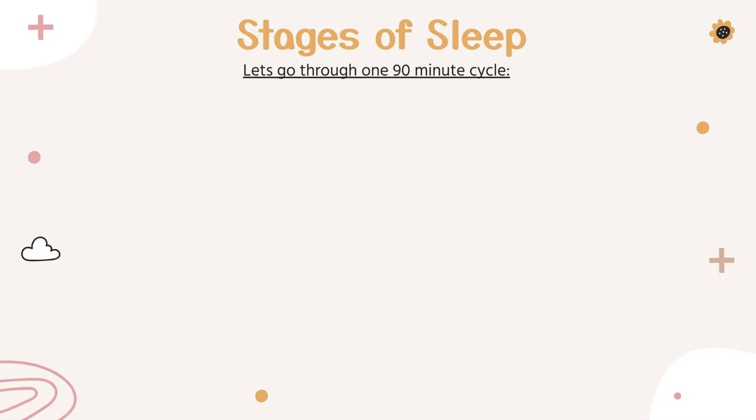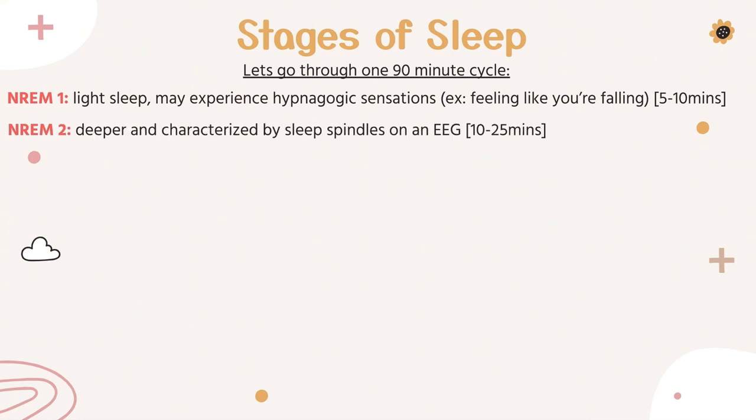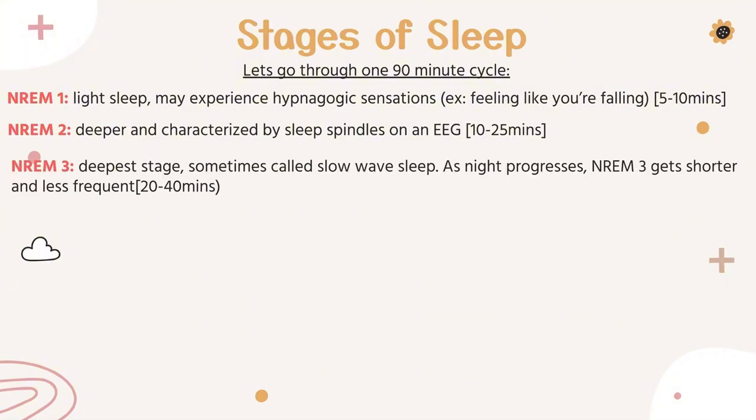NREM1 is light sleep. You may experience sensations like feeling like you're falling, which lasts 5 to 10 minutes. Then NREM2 is deeper and characterized by sleep spindles on an EEG, lasting 10 to 25 minutes. Then NREM3 is the deepest stage, sometimes called slow wave sleep.